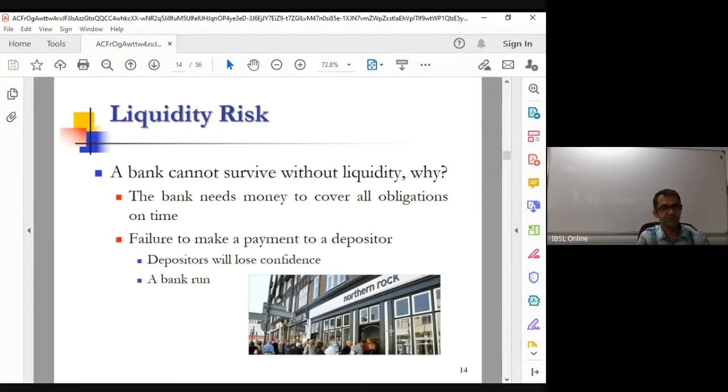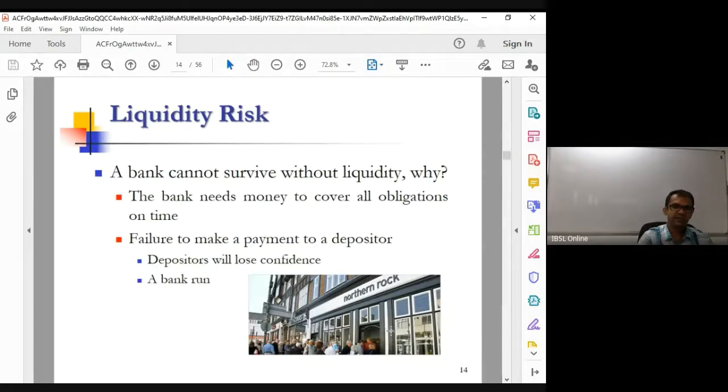Not each and every depositor comes and asks for their whole deposit. But in a bank run, what would happen? Each and every depositor will come and ask for their money, the whole value. Is it possible for a bank to do that? No, it is impossible.